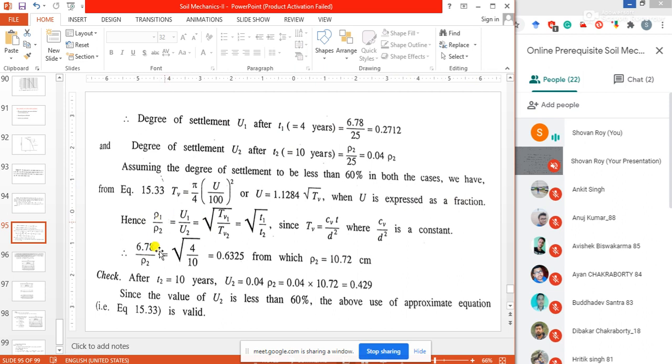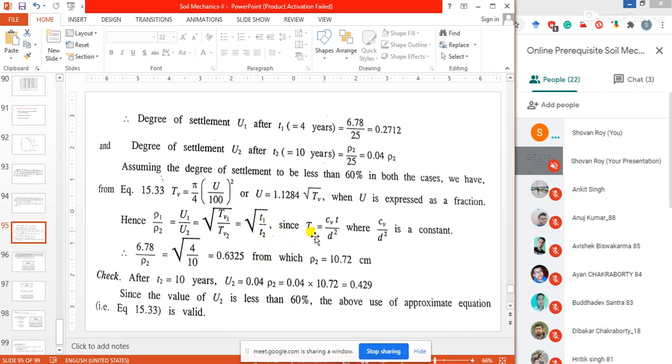U1 is the degree of consolidation or settlement for this 4-year case, and U2 the degree of settlement for this 10-year case. So rho 1 by rho 2 equals U1 by U2 equals root over Tv1 by Tv2, that is time factor for 4 years and time factor for 10 years, and root over t1 by t2, the time for the 4-year case and the 10-year case.